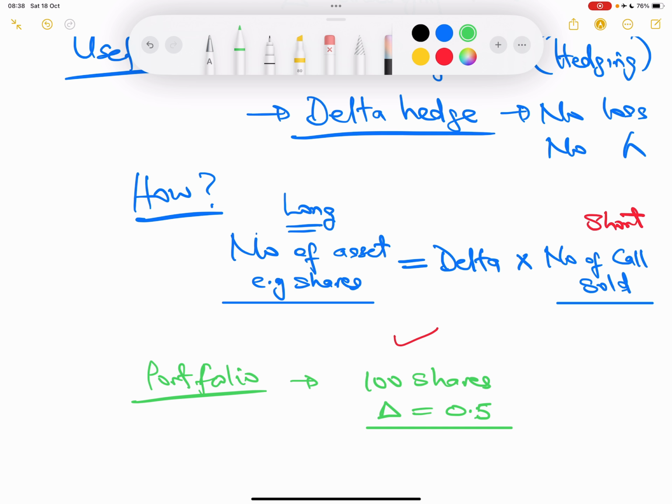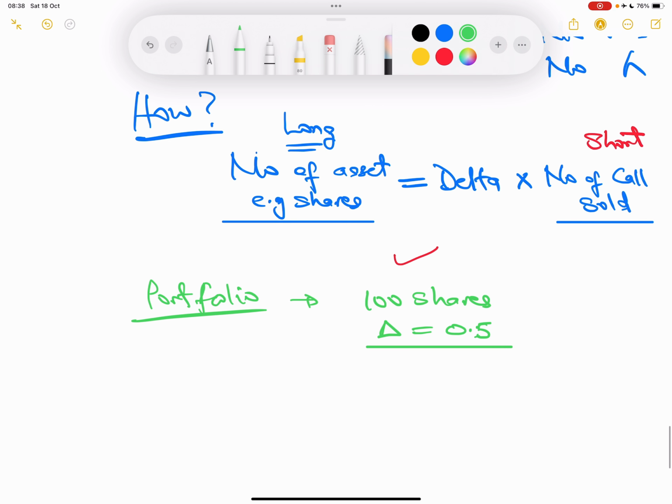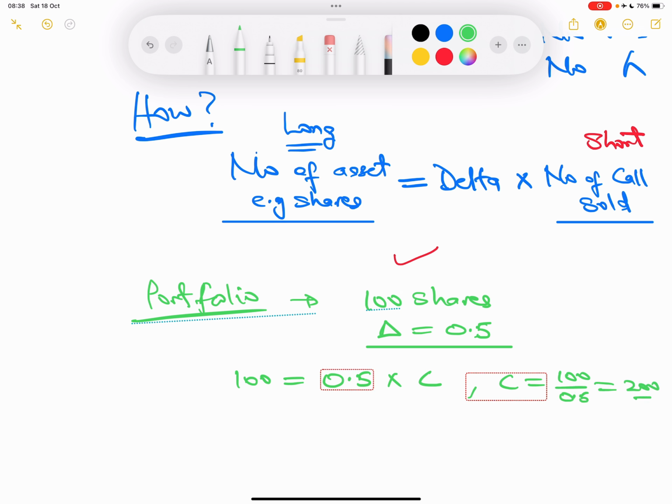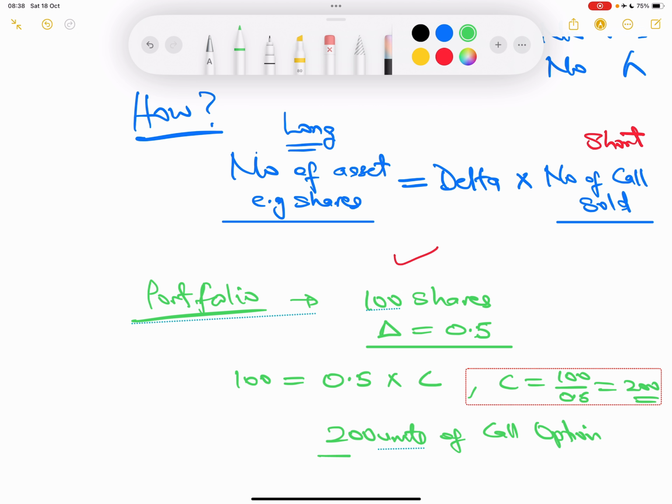To construct a perfect hedge, we need to calculate the number of calls to sell. So 100 shares is equal to 0.5 times the number of calls. The number of calls is 100 over 0.5, which is equal to 200. So we must sell 200 units of call option to achieve a perfect hedge.